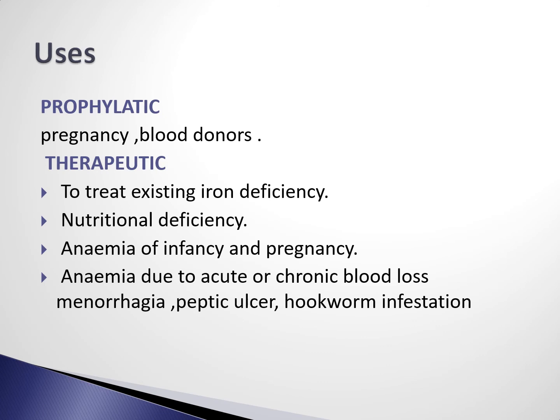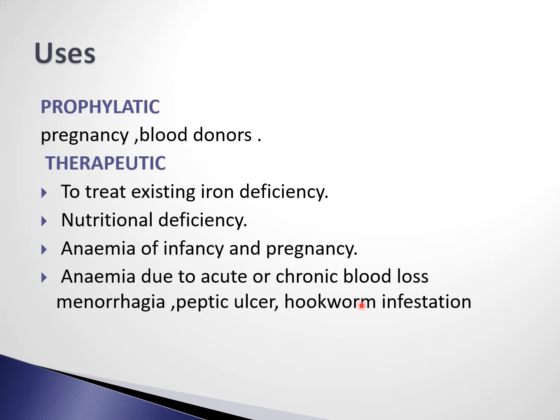Then there is nutritional deficiency, anemia of infancy and pregnancy, or anemia due to acute or chronic blood loss, or in cases of menorrhagia, peptic ulcer, hookworm infestation. Hookworm infestation is also a very common condition responsible for iron deficiency anemia.